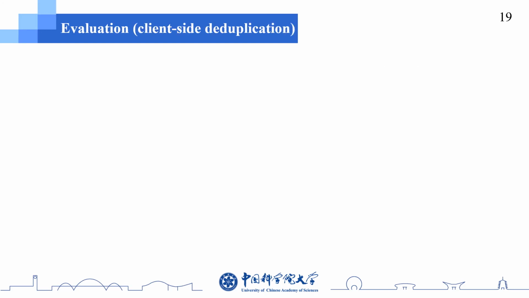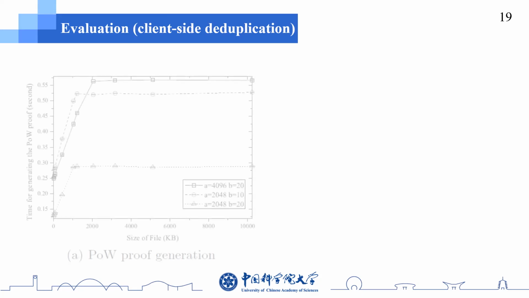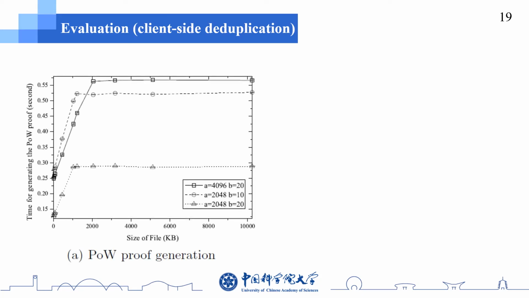In the client-side deduplication phase, from figure A, we have the following observations. First, the time for generating the POW proof increases linearly with the file size but remains consistent after reaching a threshold.